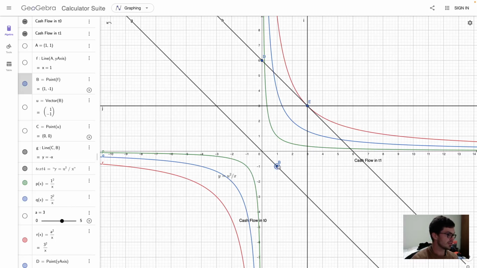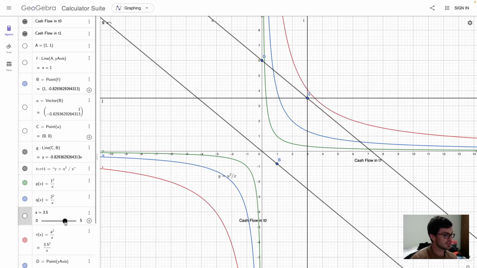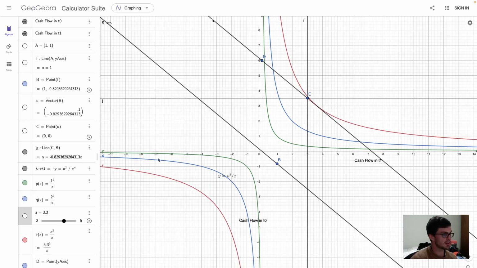Whereas if we move this down a little bit, we're increasing the interest rate. Now we pay 80 cents today and get a dollar tomorrow. That interest rate is 25%. So my guess is our utility is going to be a lot higher, because we have something great to trade. Sure enough, that makes contact here.